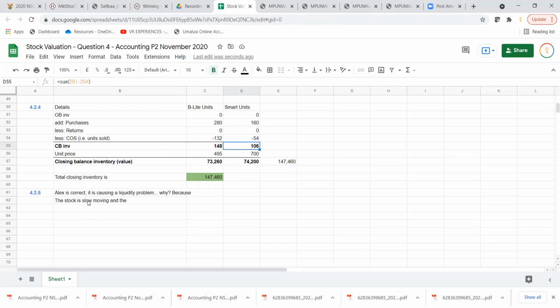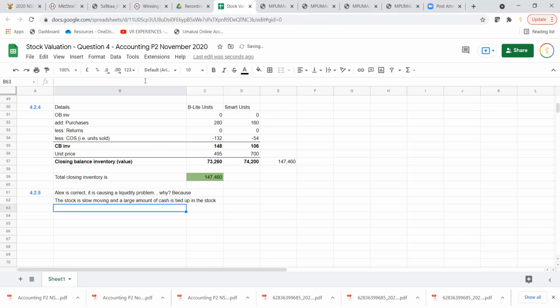So stock is slow moving, and a large amount of stock is tied up. Okay, a large amount of cash is tied up in the gas stove stock.